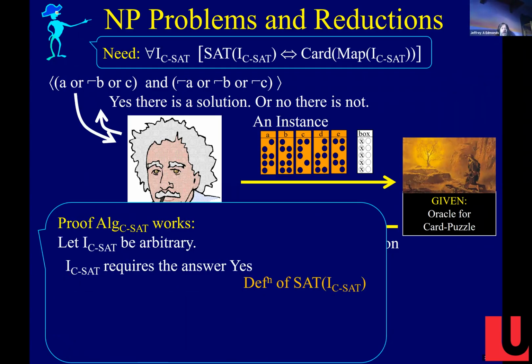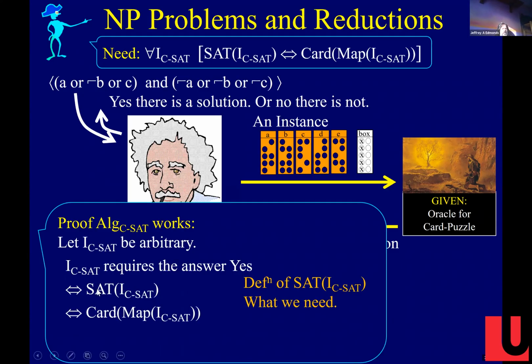What do we require? The instance requires a yes if and only if the clause is satisfiable. That's just the definition of our problem. And what do we need up here? We need that the clauses are satisfiable if and only if the cards are satisfiable.